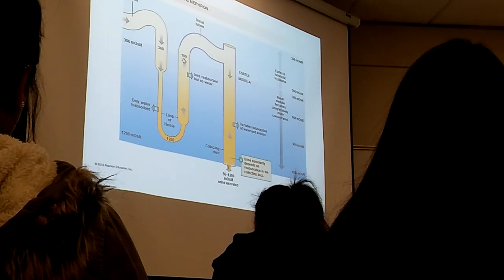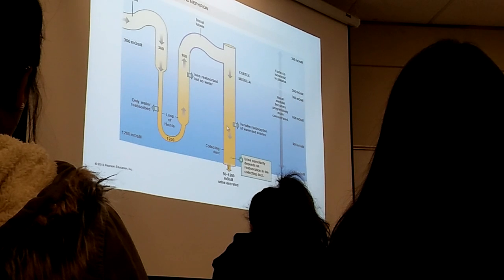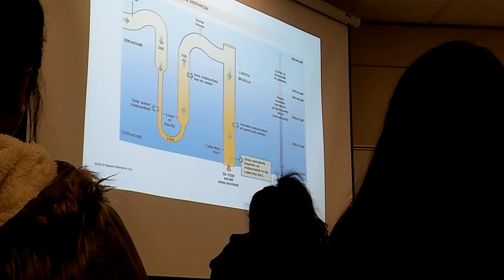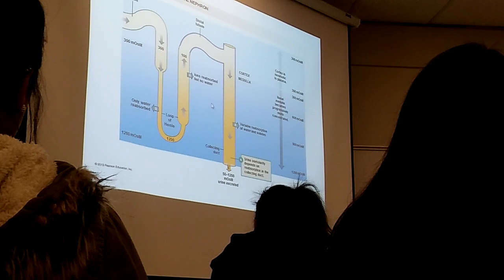It has a value of 100 milliosmoles, and we'll see that if no ADH is secreted, then the hypoosmotic filtrate will become a hypoosmotic urine. Okay, if ADH is secreted, then we'll see that aquaporins will be inserted into the collecting duct membrane, and water will leave this collecting duct, will go into the interstitium, but mainly go into the vasa recta.